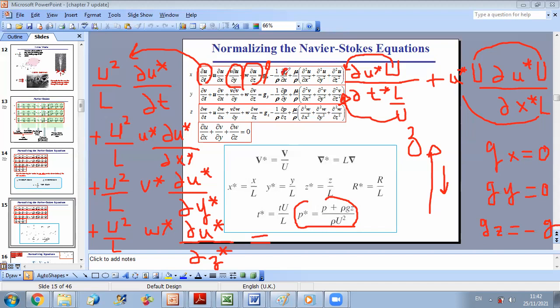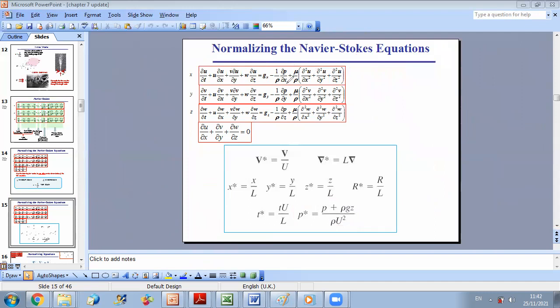We normalize P and we normalize X. For P, to be able to replace P as a function of P star, from this relation we can write that P is equal to P star times rho U square minus rho g z.